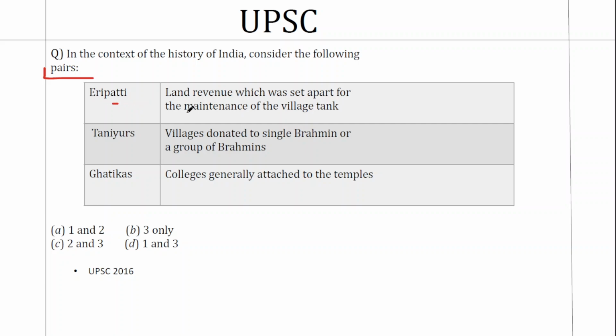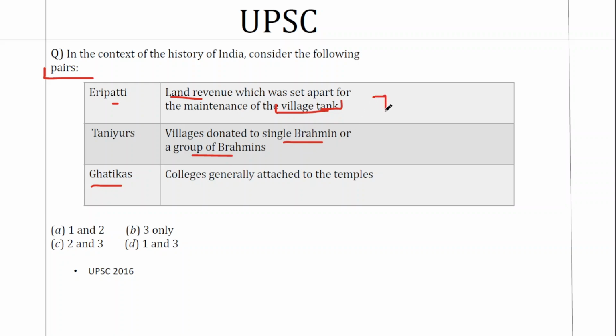The first term is eripati, and the explanation given is land revenue which was set apart for the maintenance of the village tank. So it's a form of land revenue set apart specifically for the village tank. Second term, tani ur, and the explanation is villages donated to a single Brahmin or a group of Brahmins. The third term is gatikas, colleges generally attached to the temples.